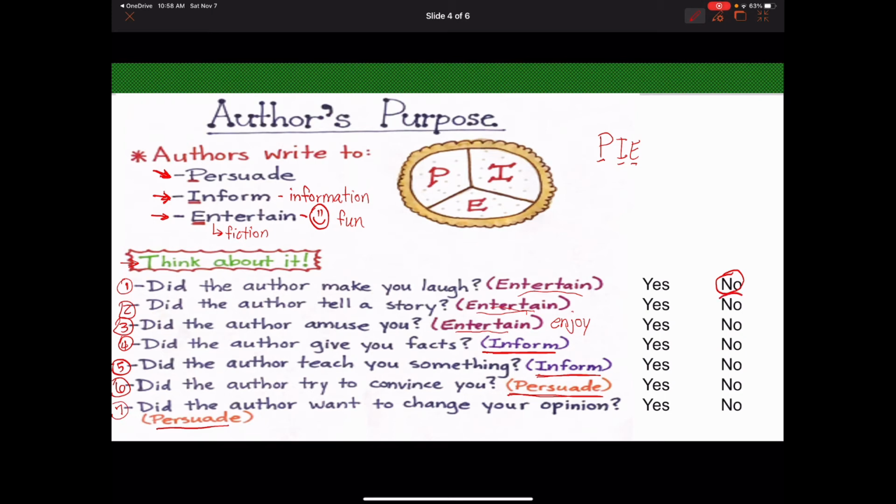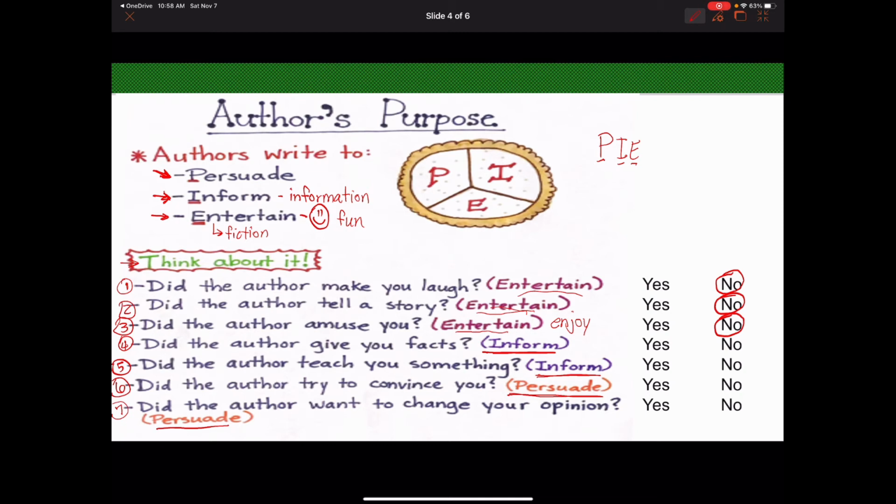No. So no, once again. Did the author amuse you? Was he trying to get us to enjoy what he was reading? Did he want us to have fun reading that paragraph? I don't think so. I didn't laugh. There wasn't a story. So I don't think that the purpose was to entertain, because when I asked these questions, I answered no to all of them.